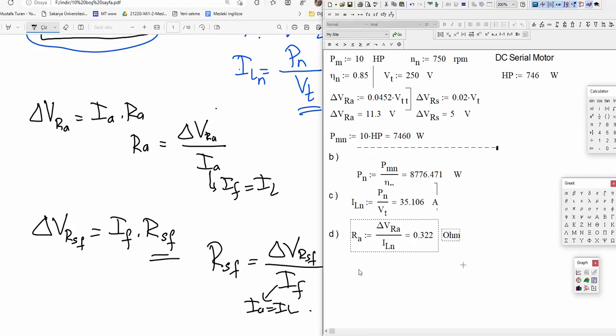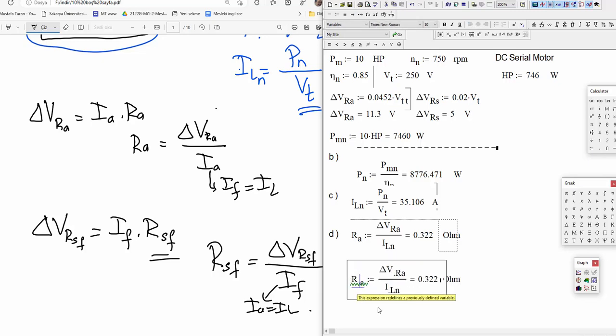Let me copy and paste it and then change parameters as Rsf. Okay, here it is as Rs, just one letter different.